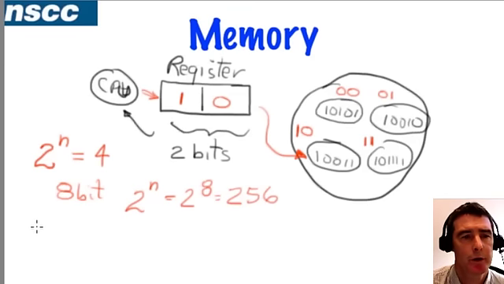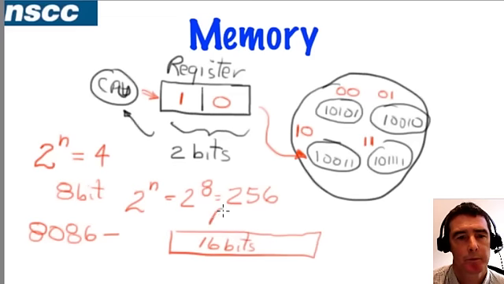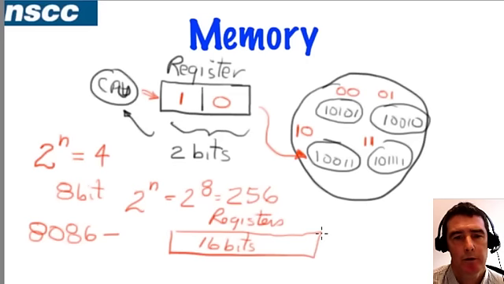One of the first Intel CPUs was the 8086, and it was called a 16-bit CPU because internally its registers were 16 bits long. However, the 8086 added another 4 bits onto that.